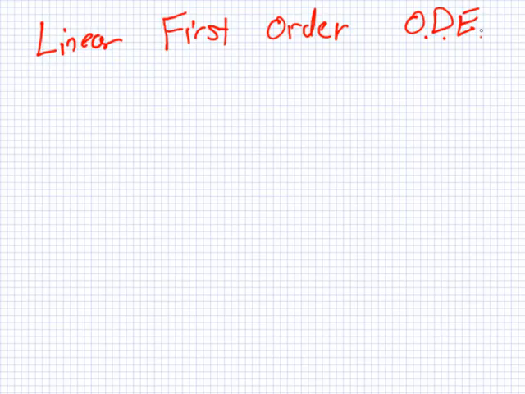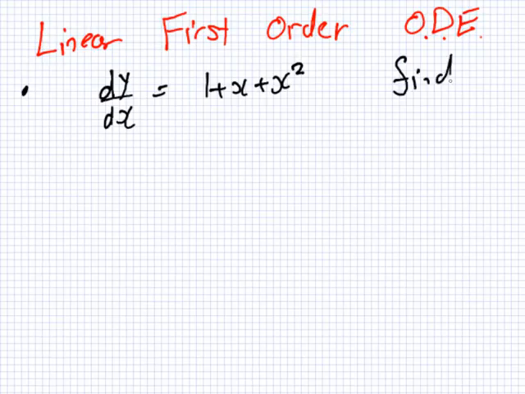Okay, so here I tell you that dy/dx equals 1 plus x squared. Find y.